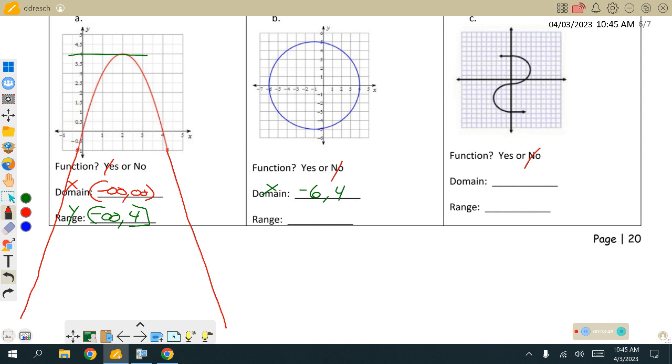Parentheses, brackets? It's all solid all throughout, so I'm using brackets. Bottoms up. Do I have a floor? Yes. Do I have a ceiling? Yes. So -5 starts it and stops it. And parentheses or brackets?